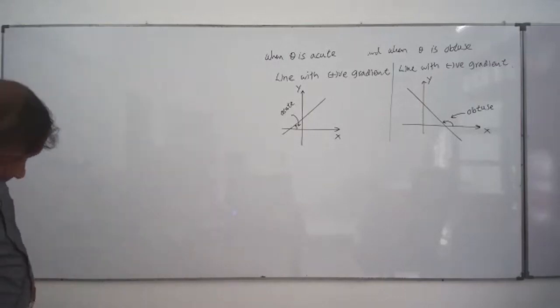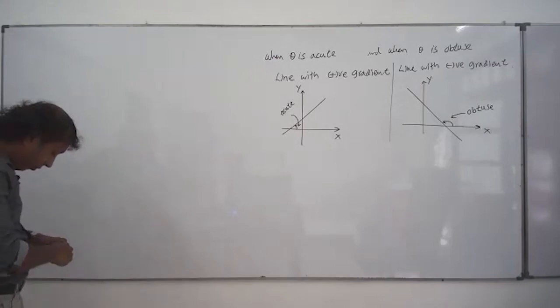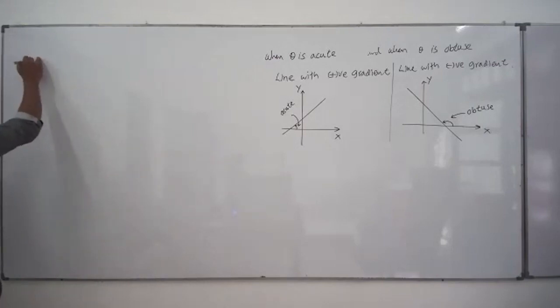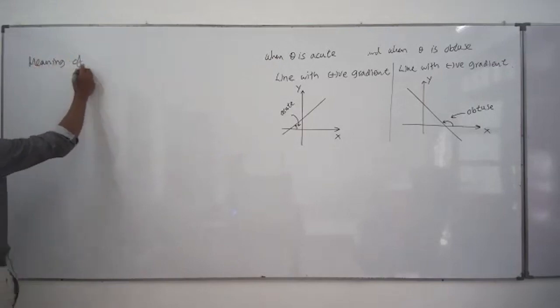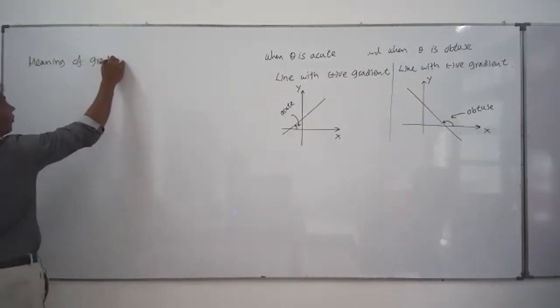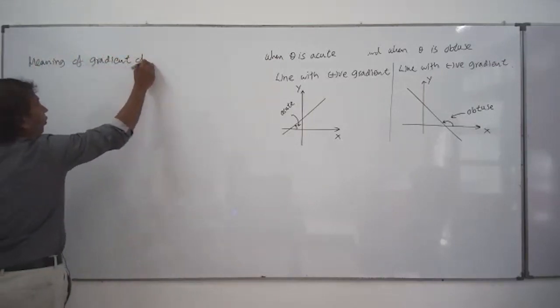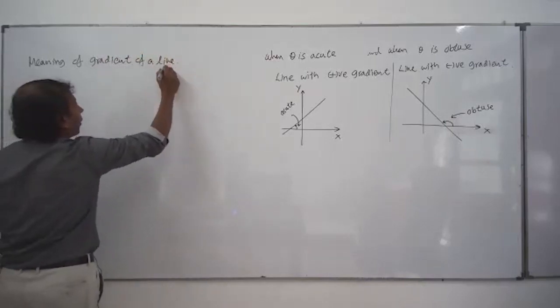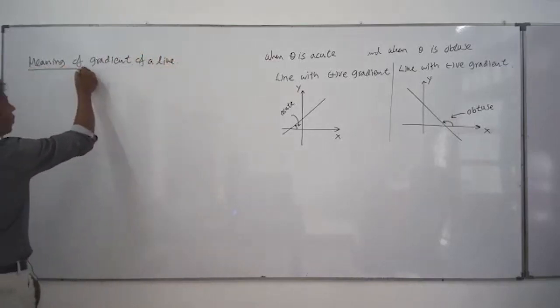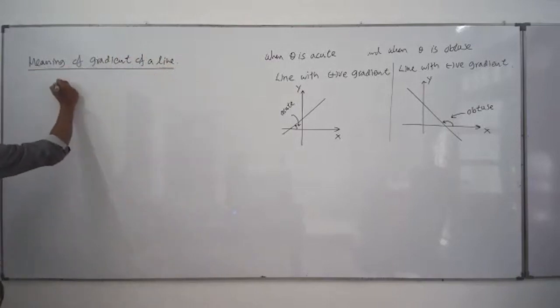Now write down, people. Next one, meaning of gradient of a line. Comes that subheading, meaning of gradient of a line.